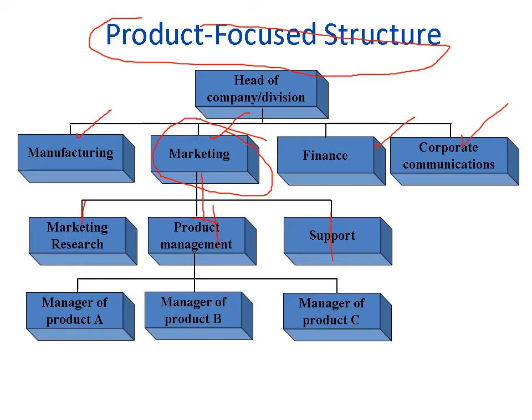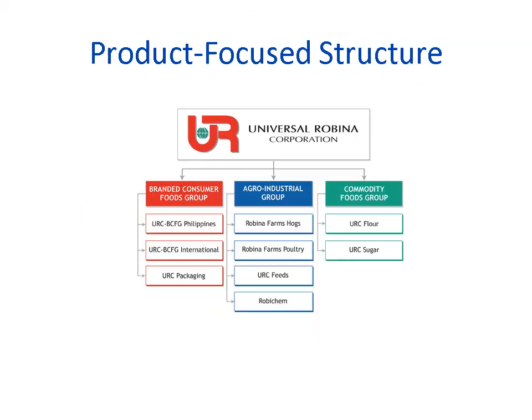In product management, we have a manager for product A, a manager for product B, and a manager for product C. Meaning to say, the manager for product A is totally different and specific only for product A, to have a focus. That is a product focus structure. Who utilizes this structure?